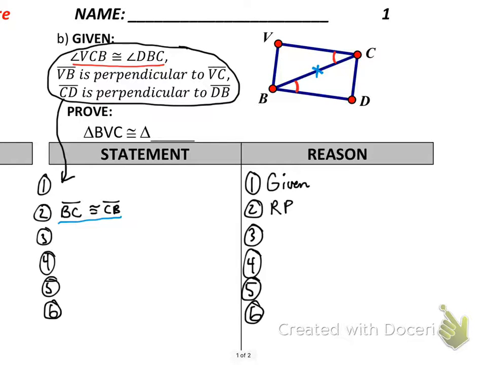So we've got VB, the segment on the left, is perpendicular to VC, the one on the top. So if those two are perpendicular, that means that it's a 90-degree angle right there. So I'm just going to say this. I mean, I should write technically the measure of angle, but we're doing it this way to make our lives a little easier. So angle BVC is equal to 90 degrees.